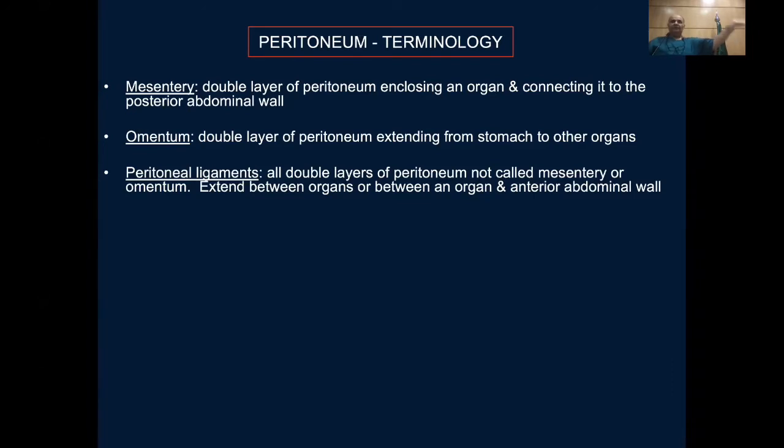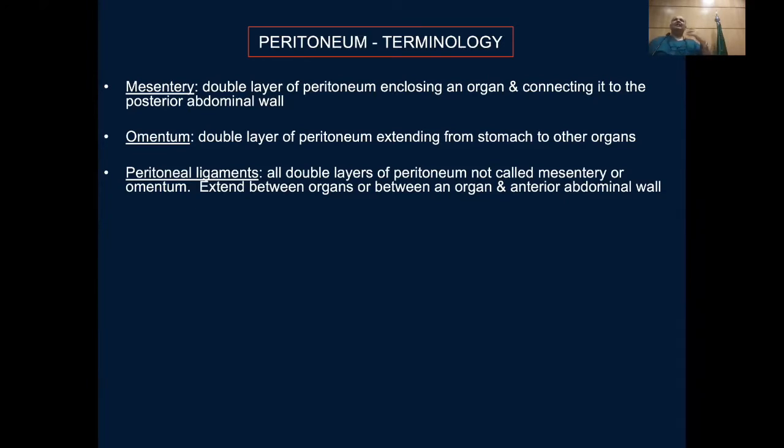Mesentery, posterior wall. And omentum, anything from the stomach to any other organ. You may say, doctor, you said before that between organ and organ you call it ligament, but now you're saying from the stomach to another organ, we won't call it ligament, we'll call it omentum.